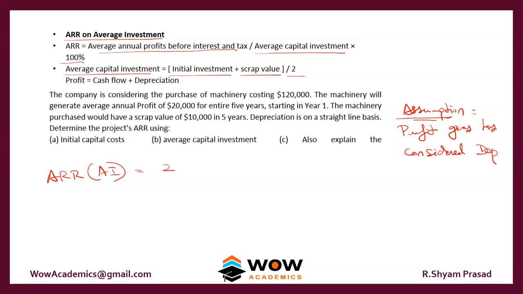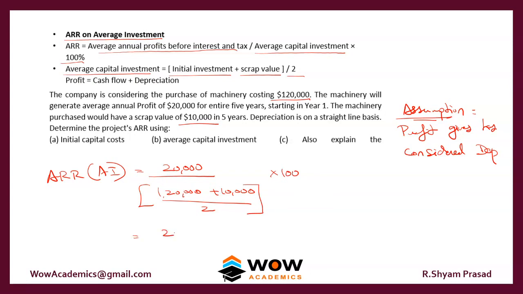The numerator is not going to change, it's the same 20,000, but the denominator will change. How? The initial investment was 1,20,000 and the scrap value is 10,000. So first take an average of these, then only you can proceed further. Then into 100 will give you the answer.